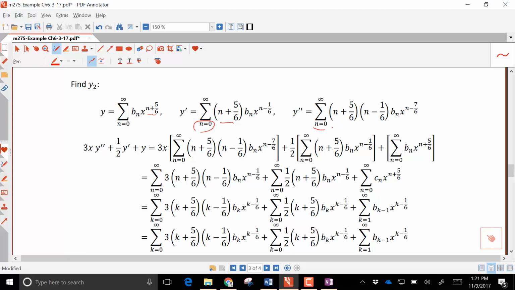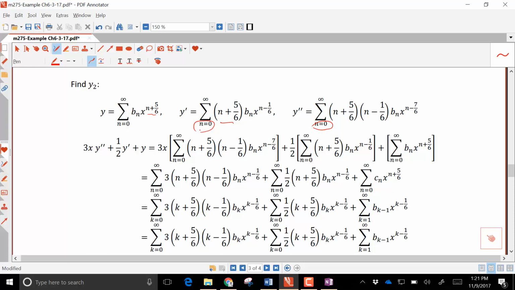But I want to circle something that's not a typo: n equals 0 and n equals 0. These indices don't change, because they still do exist. These n at 0 still would exist for this particular series, even after you've taken the derivative.